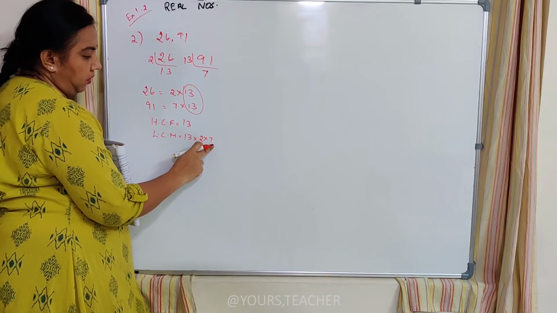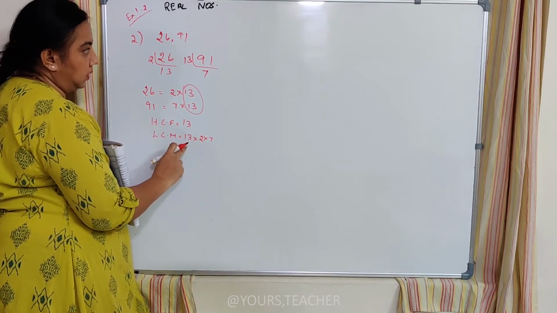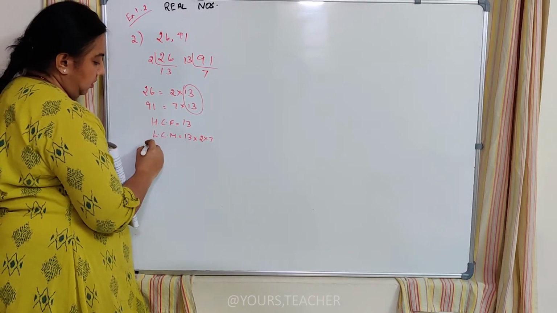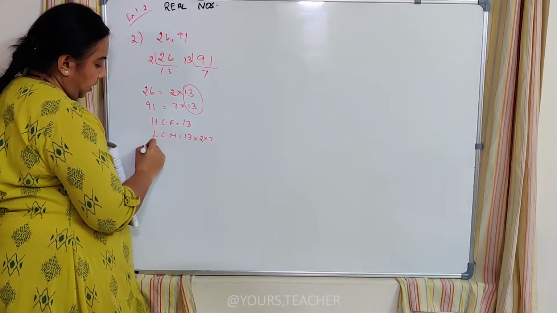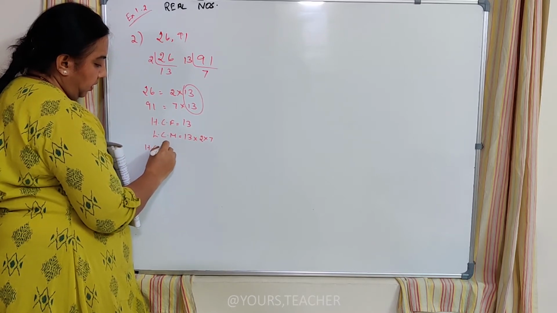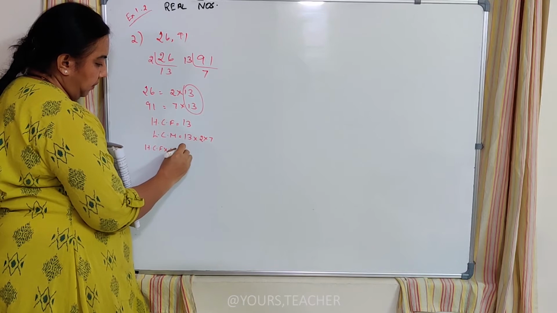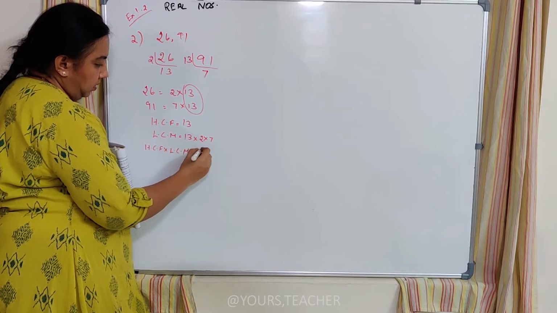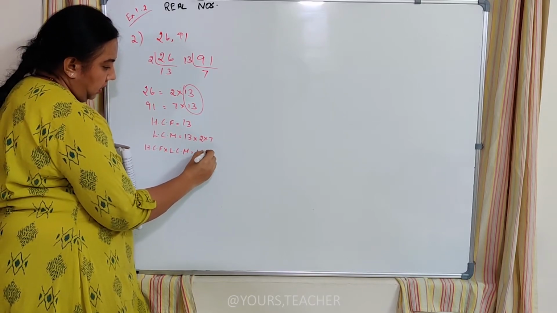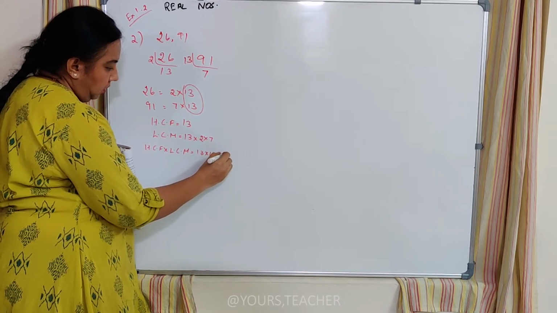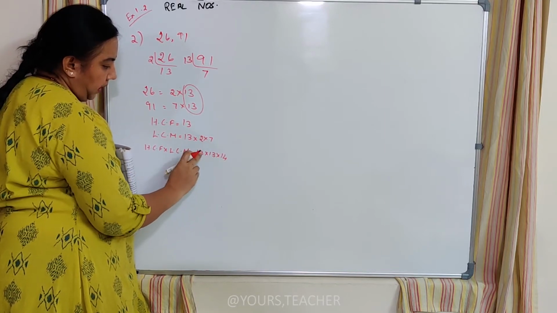So 2 sevens are 14, 14 into 13. So the product of HCF into LCM is 13 into 13 into 14.